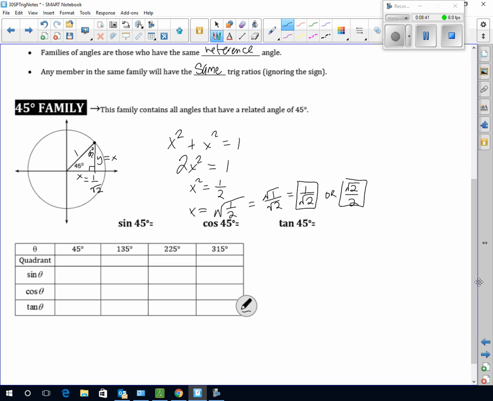What is sine of 45 degrees? 1 over root 2. What's cos of 45 degrees? 1 over root 2. Just in case you don't believe me, go on your calculator and find sine of 45 degrees. Was that not the 1 over root 2 that you just figured out? Try it. It is.